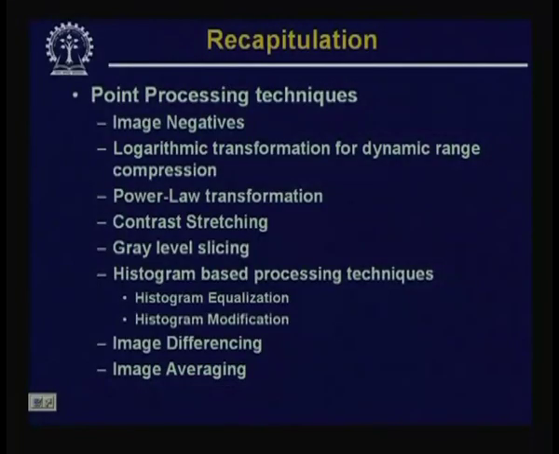The other kind of operation that we have done was the image averaging operation, and we have said that this kind of operation is very useful where the object which is imaged is of very low intensity. For such kind of objects, the image that you get is likely to be dominated by noise.